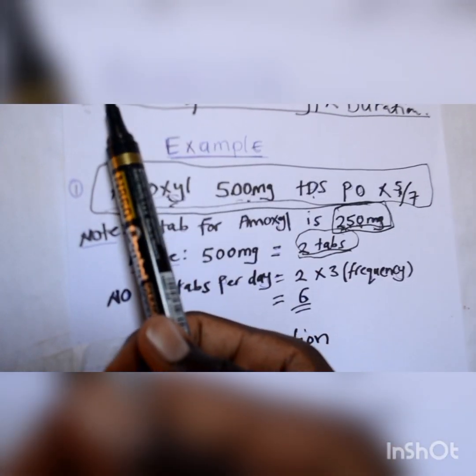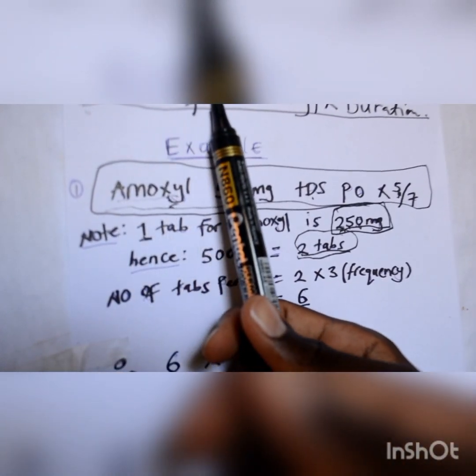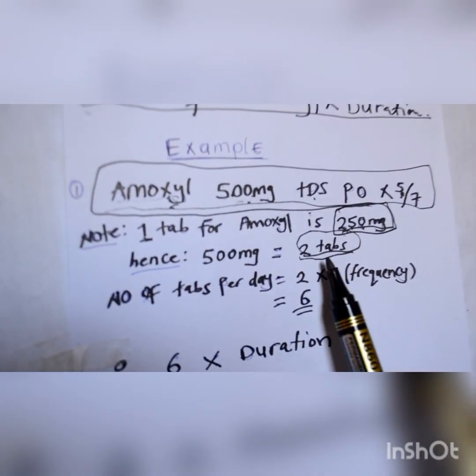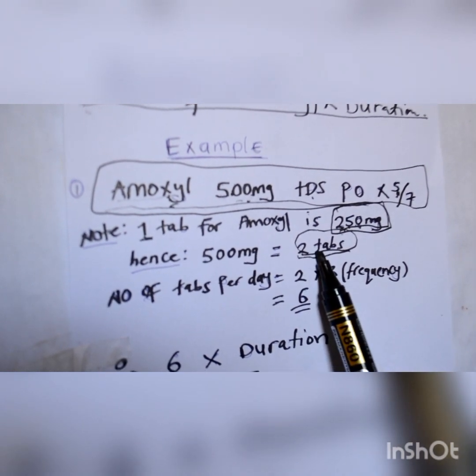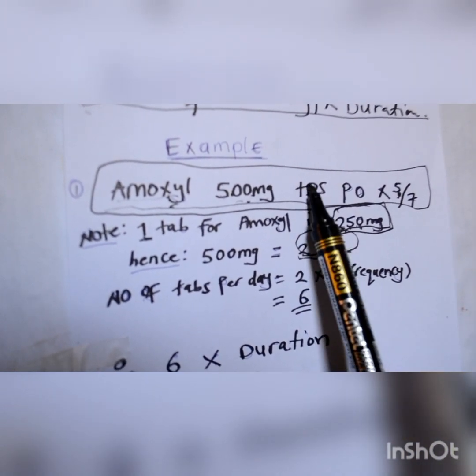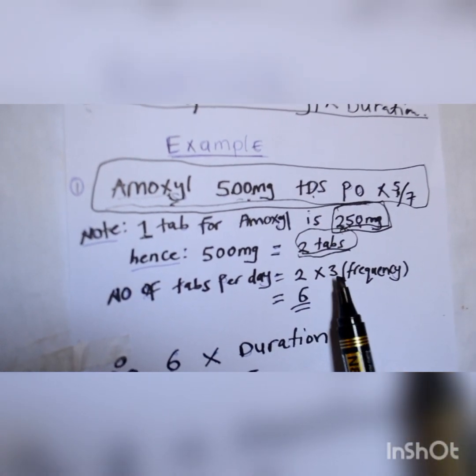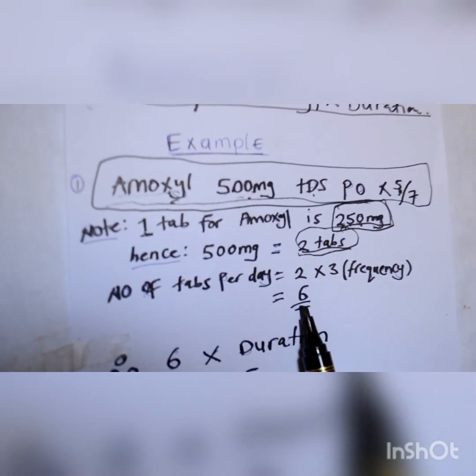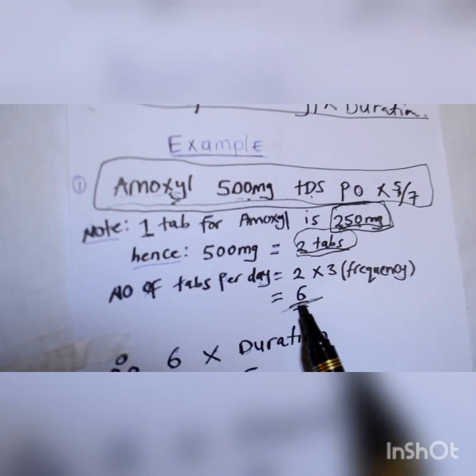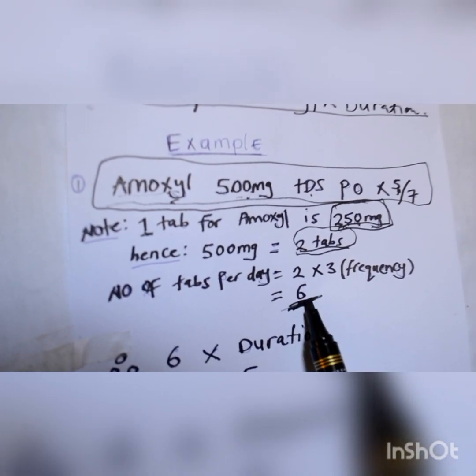To find the number of tablets per day, this patient will be taking 2 tablets 3 times a day, so 2 multiplied by 3 is 6. So this patient will be taking 6 tablets of amoxil per day.